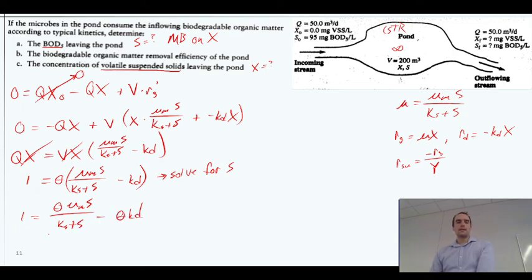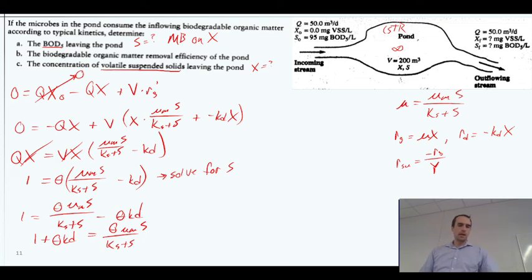So we add theta Kd to both sides: 1 plus theta Kd equals theta mu max S divided by Ks plus S. Now from here we need to multiply both sides by Ks plus S. Then we multiply that across, expand the factors, and solve for S. So it's some algebra. I trust that you can all do it.